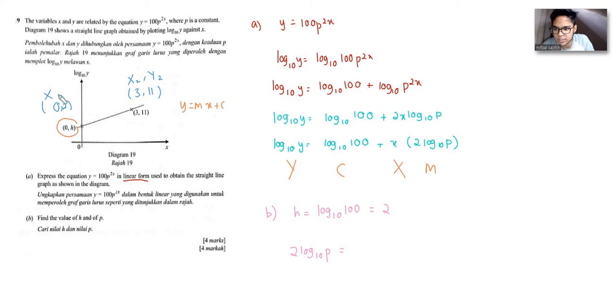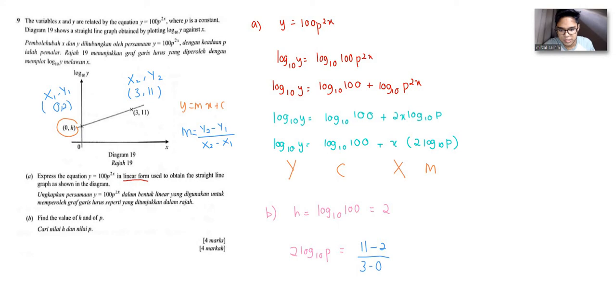This one is my x1, y1. So the formula of gradient is y2 minus y1 over x2 minus x1. So we are going to use the same formula inside here. So 11 minus 2 divided by 3 minus 0.